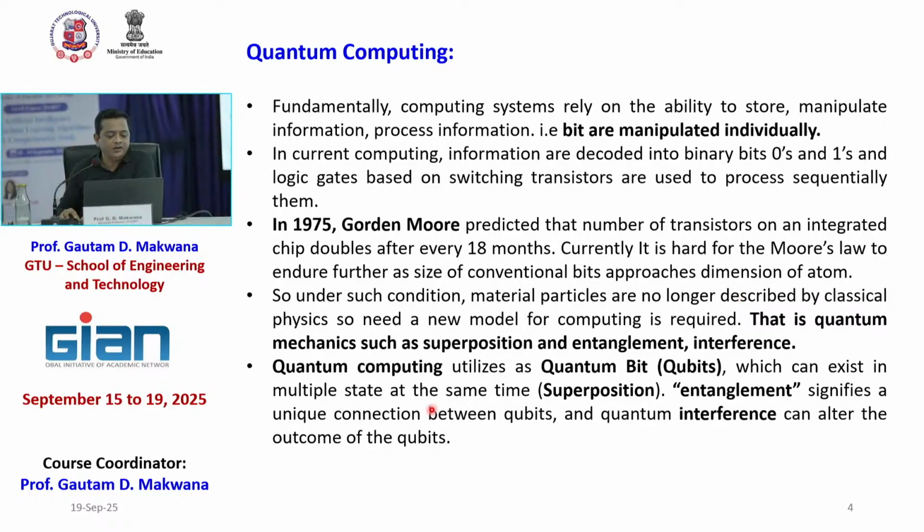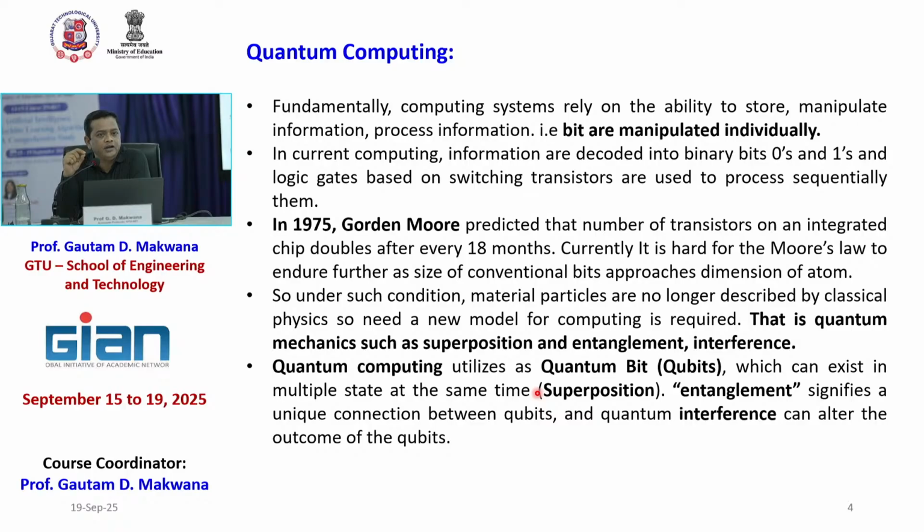Okay, now quantum computing utilizes the quantum bit, which is known as the qubit, which can exist in multiple states at the same time. In classical computing, at one time there is only one bit, only one state, either 0 or 1.